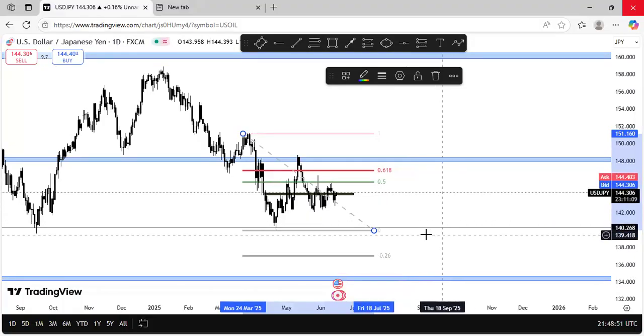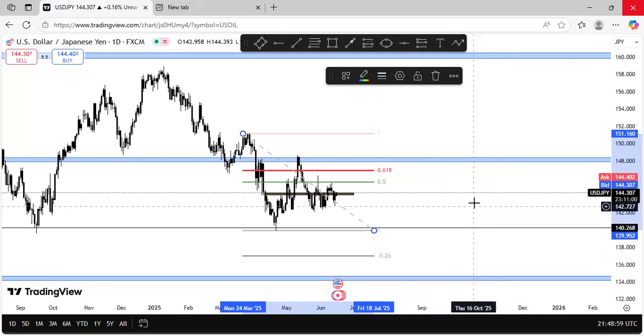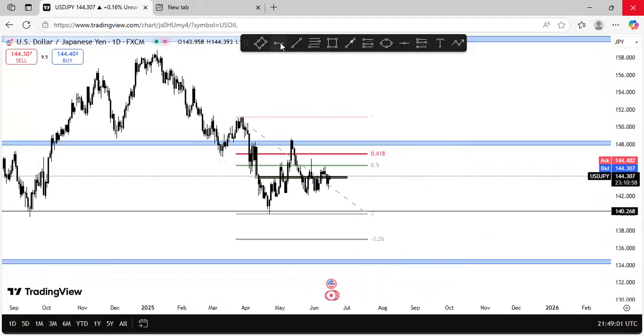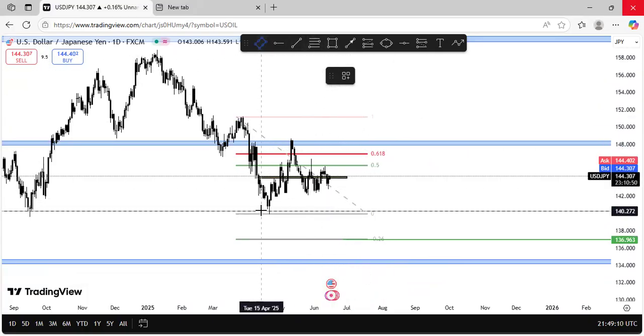To 140, and then the overall target is going to be 136.00 flat. So we should be expecting price in the following weeks to probably come down to here. That's only if we break this level.